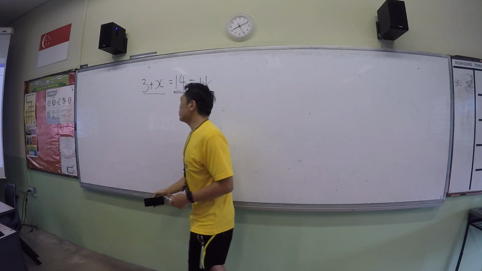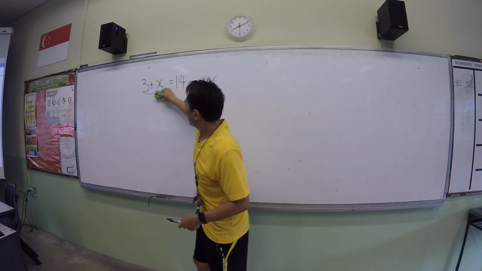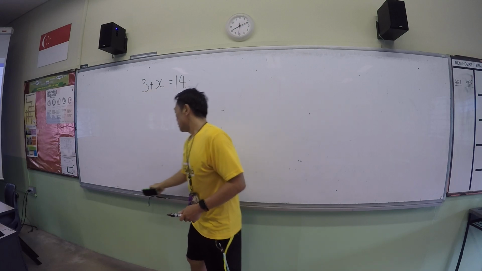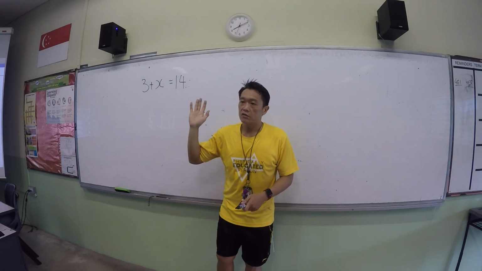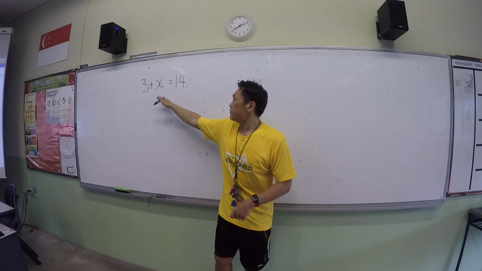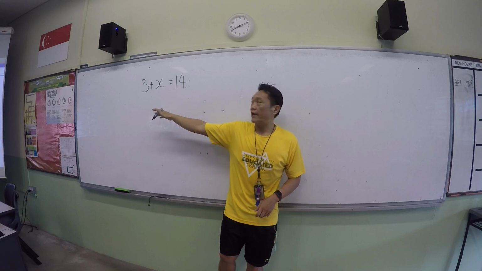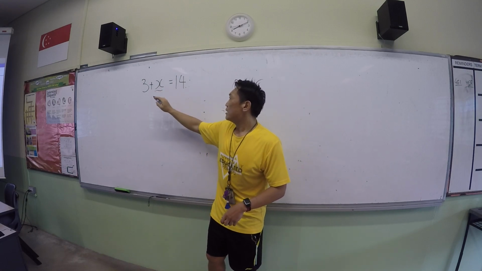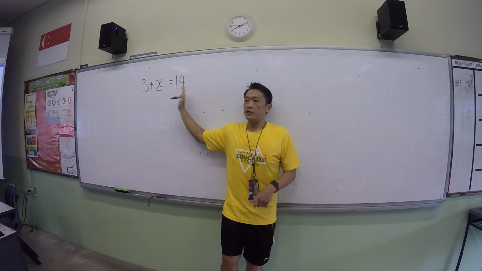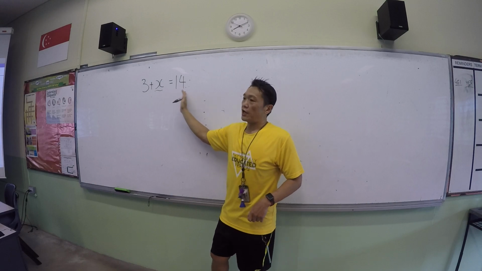So, how do we answer this question? Follow my steps. We are asked to solve this equation. So they are asking us what is the value of x that will balance this equation, that will make left the same as right.